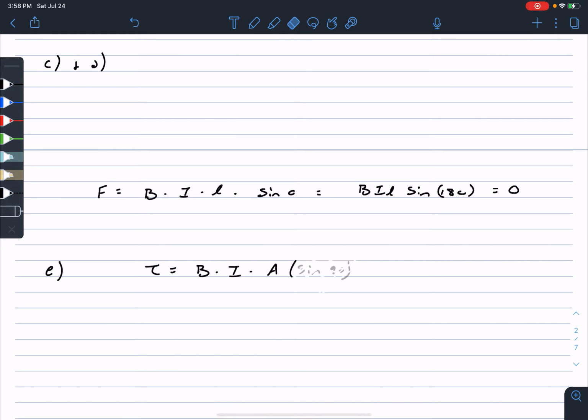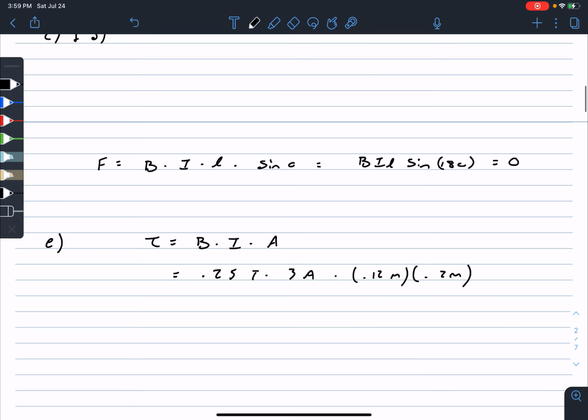So this is fine, we can ignore that. So then we get 0.25 Tesla times 3 amps times, now here's the change, 0.12 meters times 0.2 meters. And this gives us a value of 0.018 Newton meters.